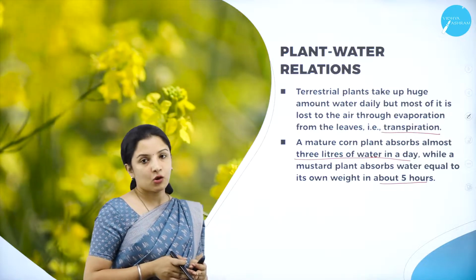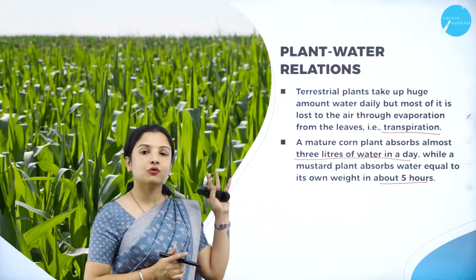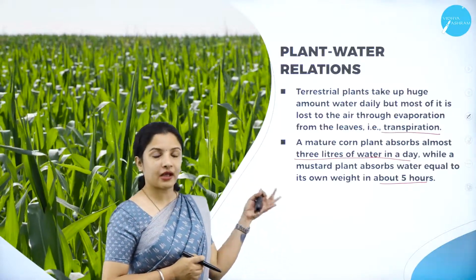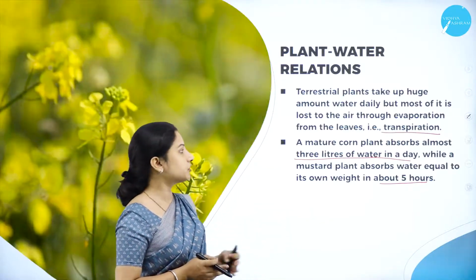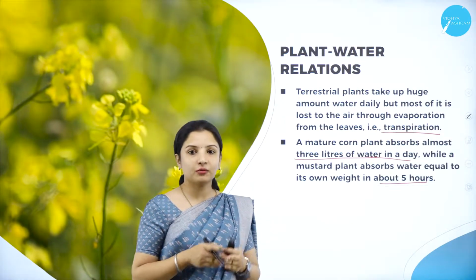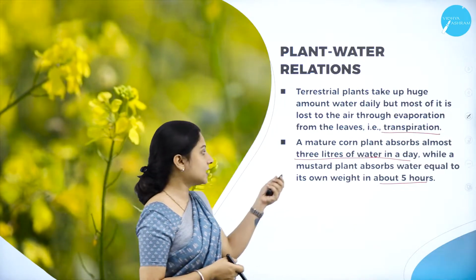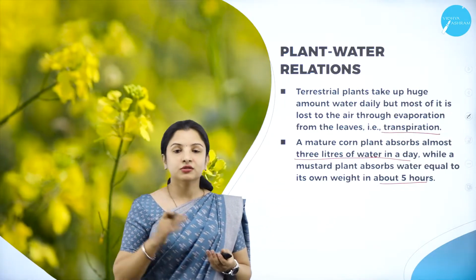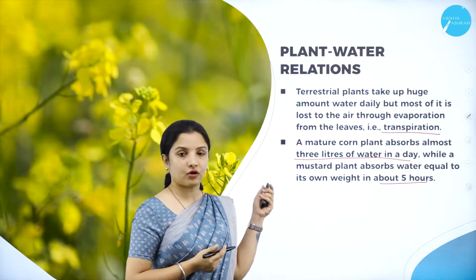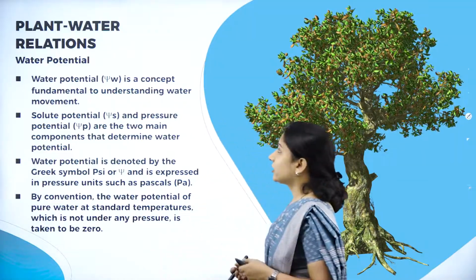Imagine the great difference. The mustard plant is quite small compared to the corn plant, but the corn plant, depending on its size, absorbs only 3 liters of water a day, whereas the mustard plant absorbs almost water equal to its body weight in about 5 hours. The excess water will be lost by the plants in the process called transpiration.